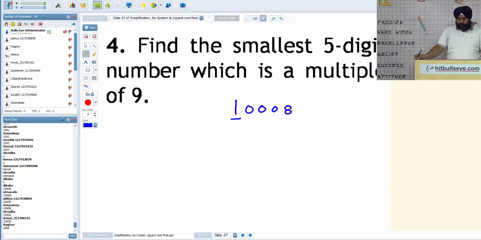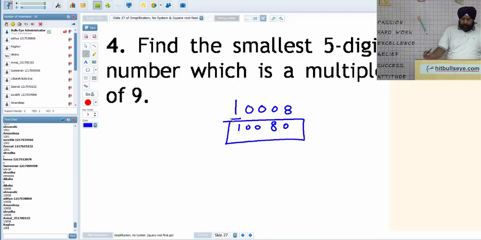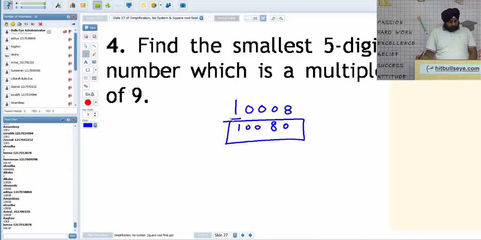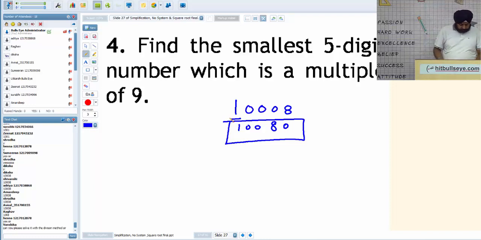It will be the smallest number. Even if we had placed 8 elsewhere, it would have been divisible by 9, but it would not have been the smallest. So the smallest 5-digit number which is divisible by 9 is 10008. Otherwise, the method of division is there, but if there is a rule of 3, 9, 11, we can use it.